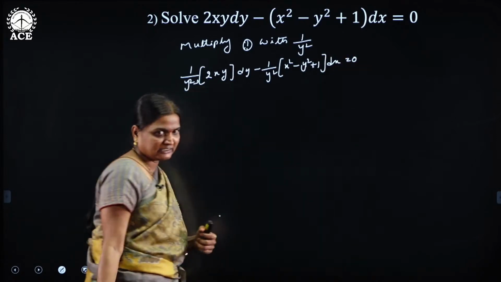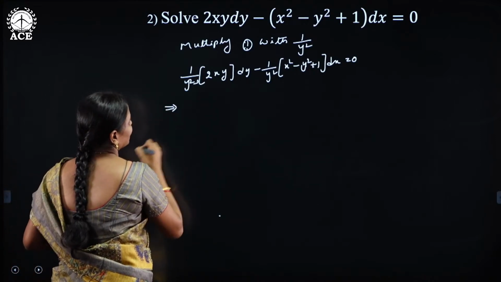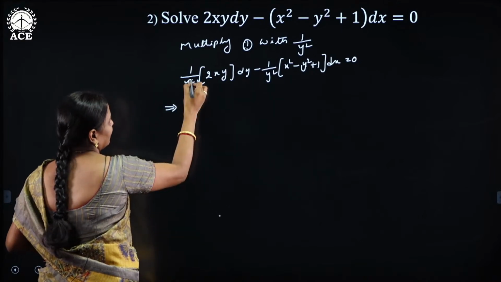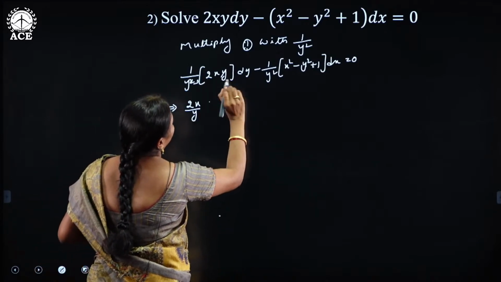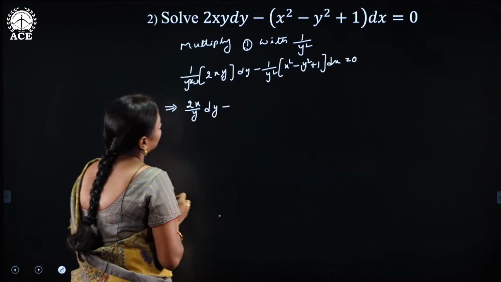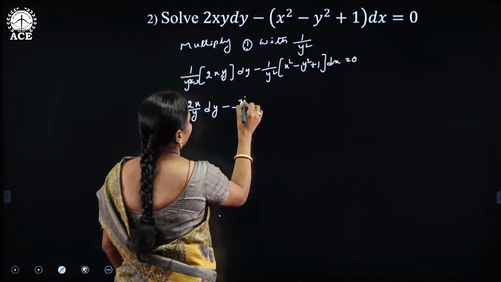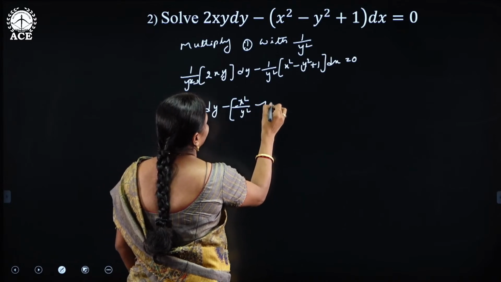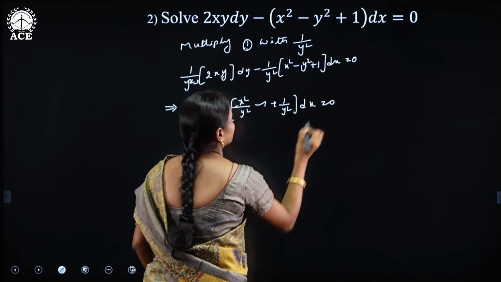Before going to write the general solution, first divide term by term. So how to write this differential equation: it is equal to 2x by y, here one y gets cancelled, into dy, minus, next, x square by y square minus 1 plus 1 by y square into dx is equal to 0.